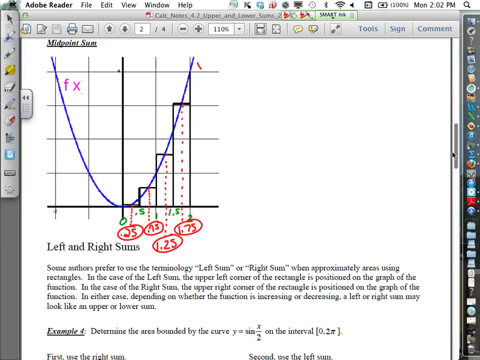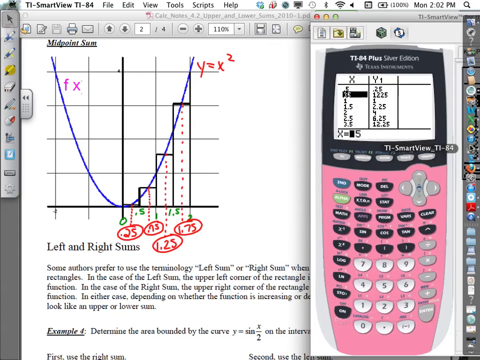So this is my equation, y equals x squared. If you go back to your calculator, okay, still have y equals x squared in there. If I type in these x values, 0.25, 0.75, 1.25, 1.75, now it's going to give you the heights for the rectangle that falls in between there.